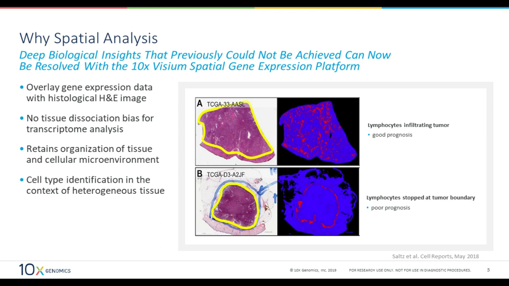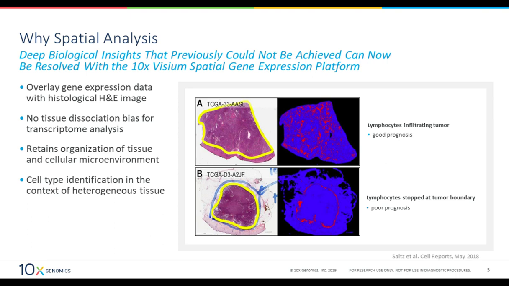Previous methods required you to isolate RNA out of the tissue, which means that you lose the integrity of the tissue and you don't know which RNA molecule came from what area of the tissue. So you're still able to retain the organization of the tissue and the cellular microenvironment, but it also provides a way to look at cell types in the context of heterogeneous tissue based on gene expression.